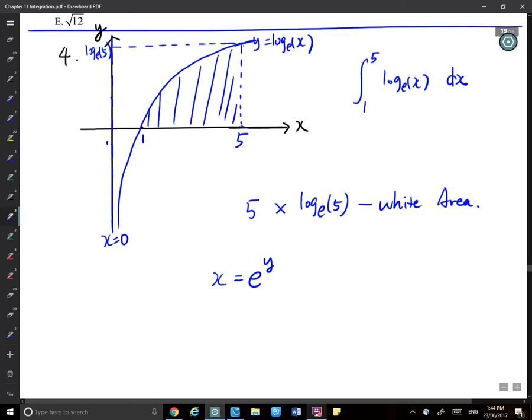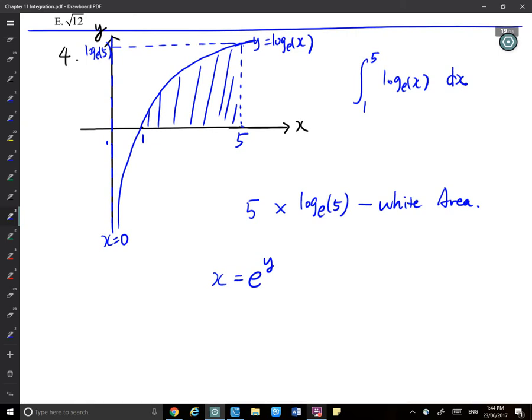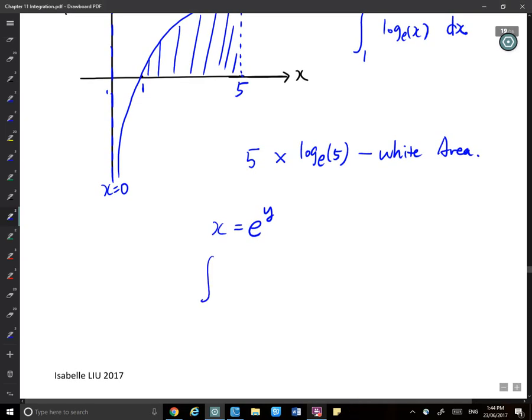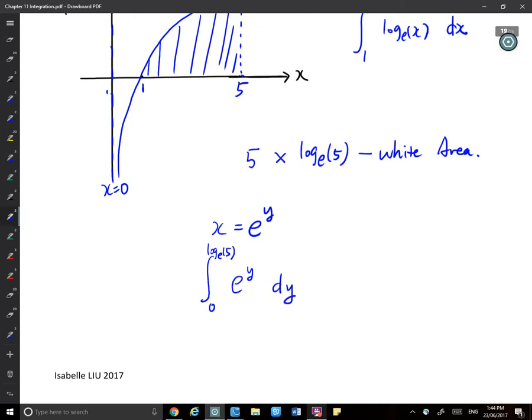You just look at it the other way. This function will look like this, e to the power of y. And I will integrate e to the power of y dy from 0 to log e 5. 0 is here, log e 5 is here.